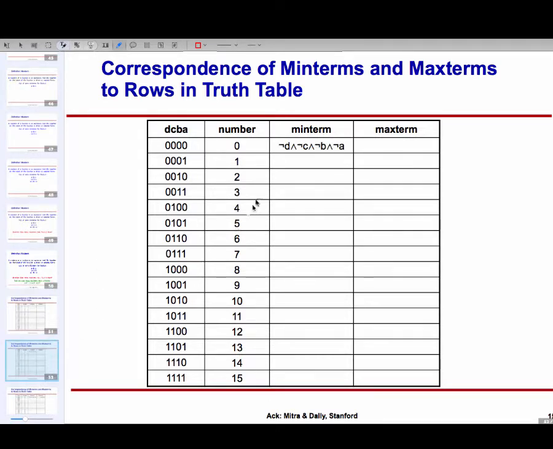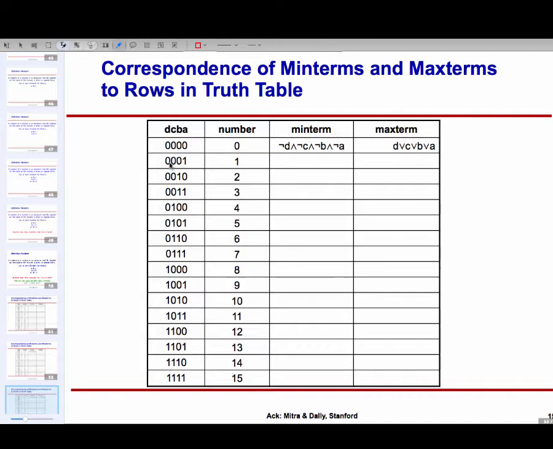So that's the minterm, not D and not C and not B and not A. But for the max term, it's the other way around. If there is a 0 here, that means it is not complemented. So the max term here is D or C or B or A. And this is convention, why we are doing it, but it turns out this convention has some useful properties, so that's why it's done that way.